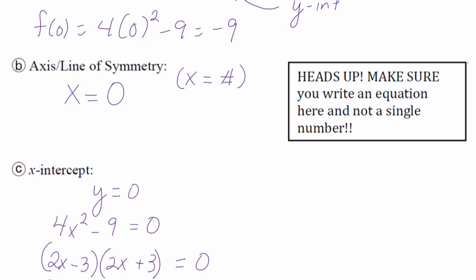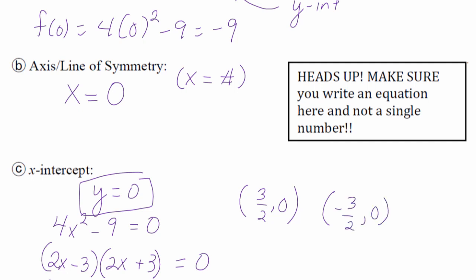And again, remembering that those are x-coordinates for two intercepts, and the y-coordinates are going to be 0, because that's how we picked it, that y was 0. So 3 halves, 0 and negative 3 halves, 0 are going to be our two x-intercepts for our parabola. Let's go ahead and graph those 3 points right now, the vertex and the two x-intercepts.